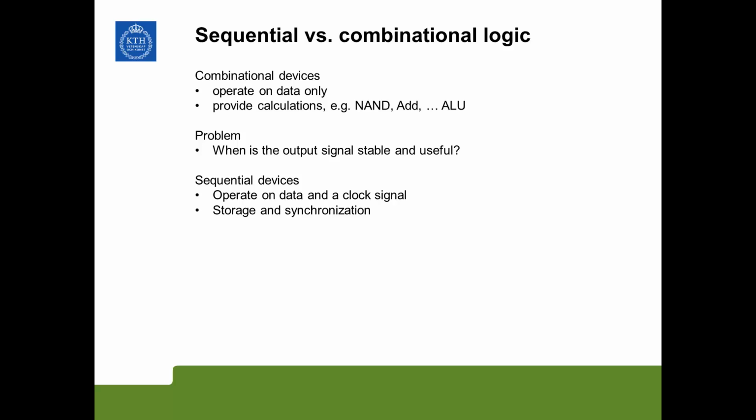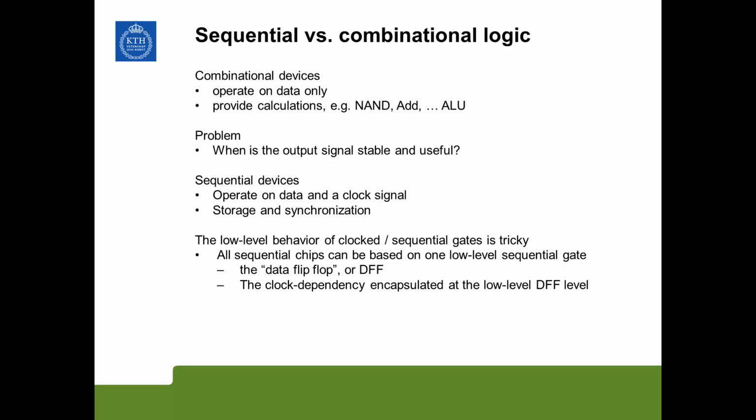Sequential devices are different. They operate on data, but they also have a clock signal, so that the output of a sequential device will change with the clock and remain stable between the ticks of the clock. We use them to build storage and for synchronization. The low-level behavior of this sequential gate is tricky, so we assume that we have a data flip-flop, a 1-bit device that ticks the input to the output with every clock tick.